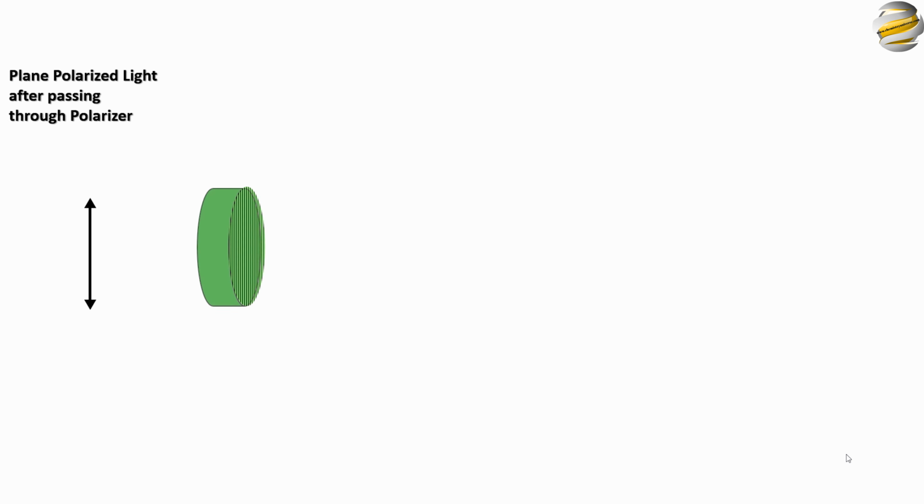Let's assume that the initial direction of the plane polarized light coming from the polarizer is this. In the beginning, the analyzer is kept parallel to the polarizer and hence all the light will pass through the analyzer too.